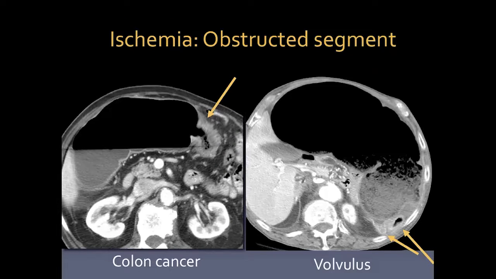Here, an example of a colon mass causing obstruction and massive overdistension of the right and transverse colon. And look at that wall, it's very thinned out. This is an example of a thin wall in ischemic colitis. Same with this case of volvulus.